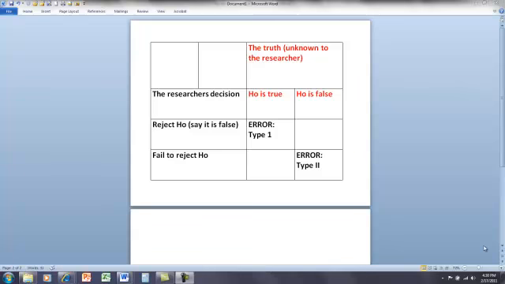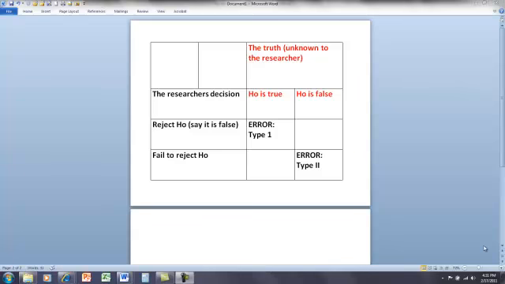Here's the point: we never know what's really true. The reason we use statistics in the first place is because we never know what is really true. It's too hard. We can't look at an entire population all at once and compare it to another population for many, many reasons.